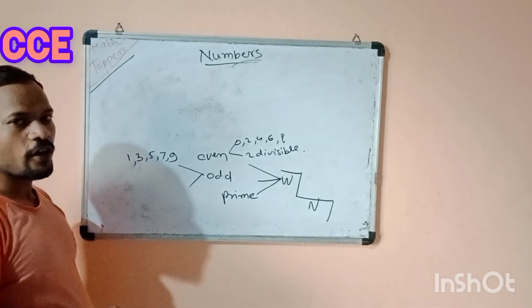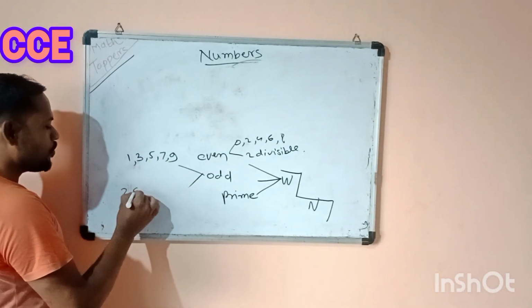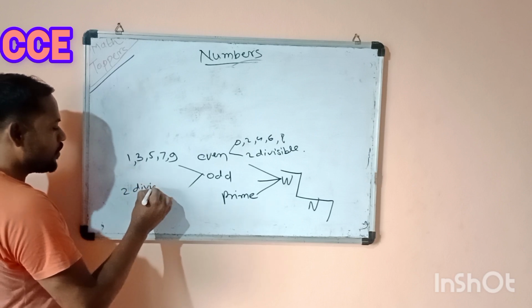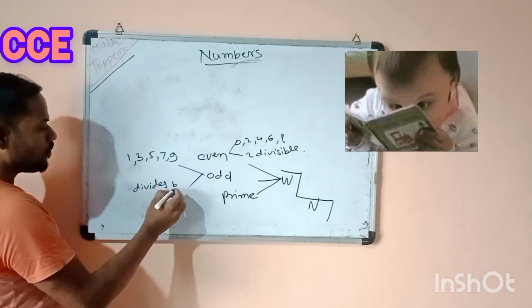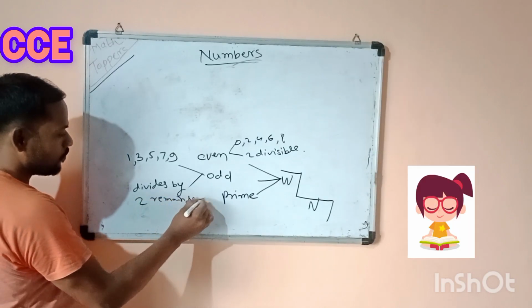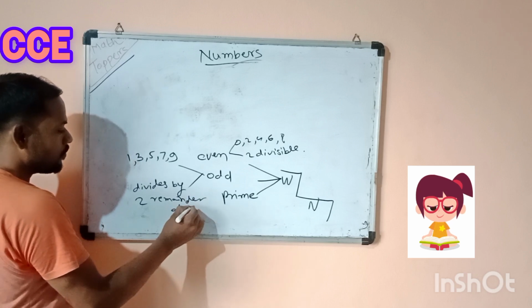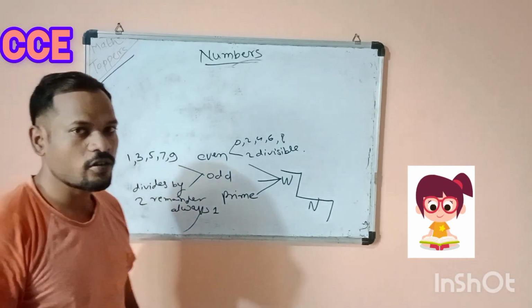That number is called an odd number. Another definition of an odd number is that when it is divided by 2, the remainder is always 1.